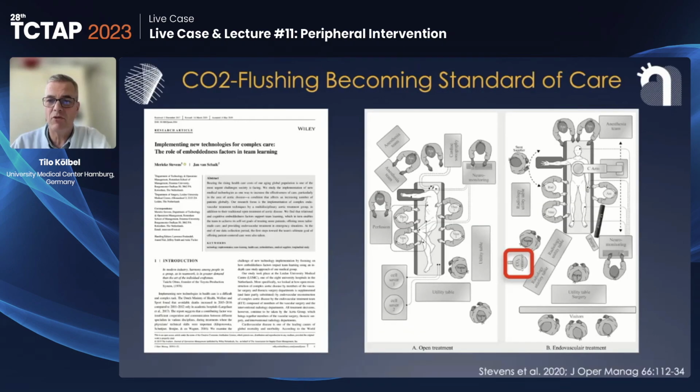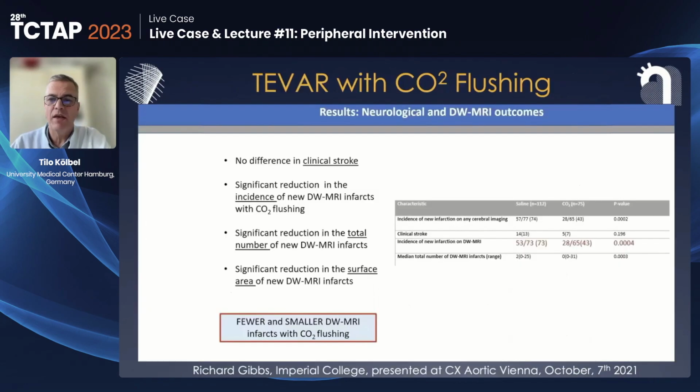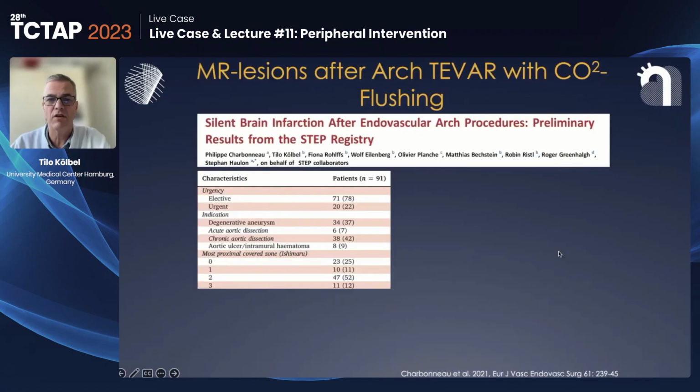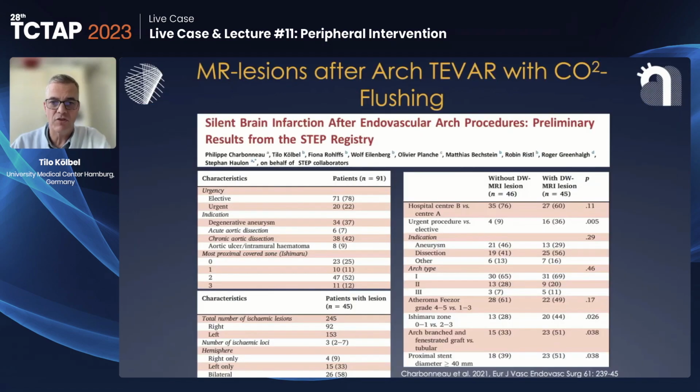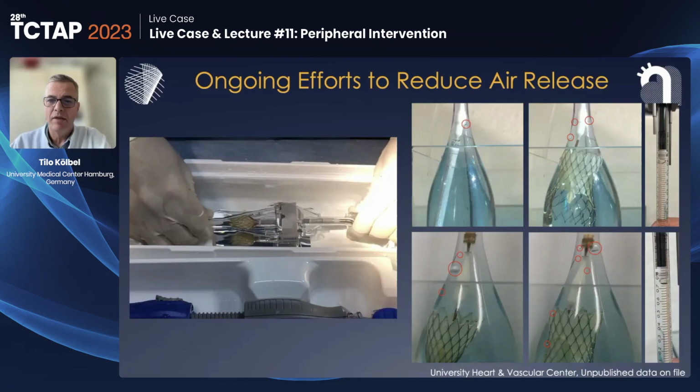It has been described to be an important part of a cardiovascular operating room outfit, and it has been shown in studies that when devices are carbon dioxide flushed, then the number of lesions in the brain is significantly reduced. This is just a study that our group has been part of, where we could reduce the number of lesions depending on a number of factors.